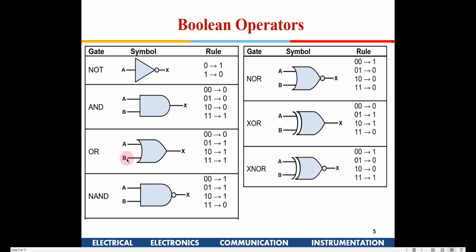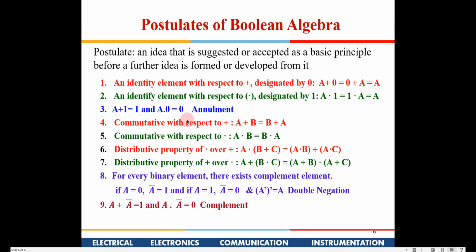If you put 1 here, then 0 1 and 1 1 both give 1. So irrespective of A, in an OR gate, if one of the inputs is 1, you get 1. Similarly, in an AND gate, if I put a 0 here, all the outputs will be 0. So the input gets screened from the output, and the output is permanently 0 in this case and 1 in the other case. So A or 1 is 1, A and 0 is 0. This is known as annulment.